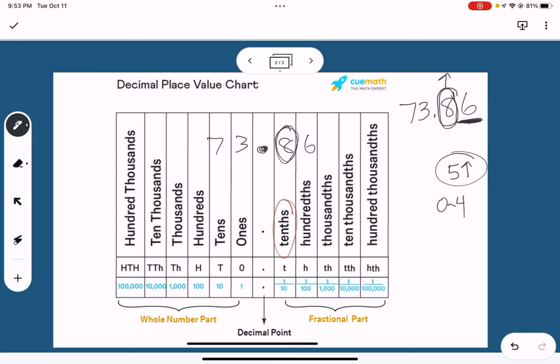It's larger than 5. So I have to bump it up to the next digit higher. And since we're rounding to the nearest tenth, we do not have to write this place value right here. We don't write anything else. And this is it. 73 and 86/100ths rounded to the nearest tenth is 73 and 9/10.